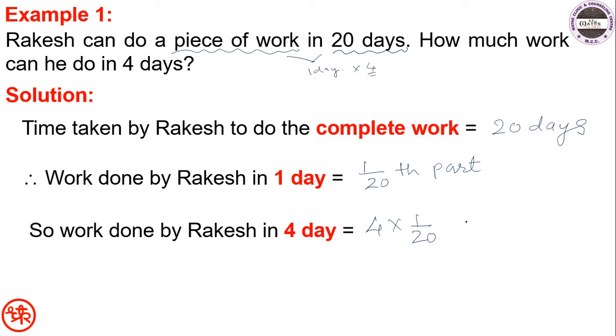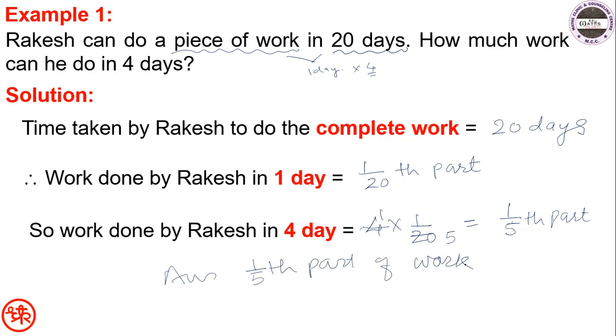Okay. And so it is equal to what? 4 into 1 by 20, that is 4 by 20. And so it is 1 by fifth part. Is that clear? So that is the answer here. So answer is 1 by fifth part of work. Is that clear?